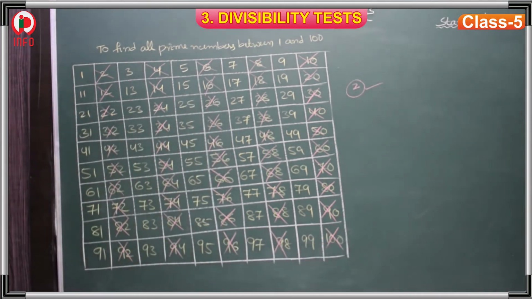These are all even numbers, and we have to cross them.